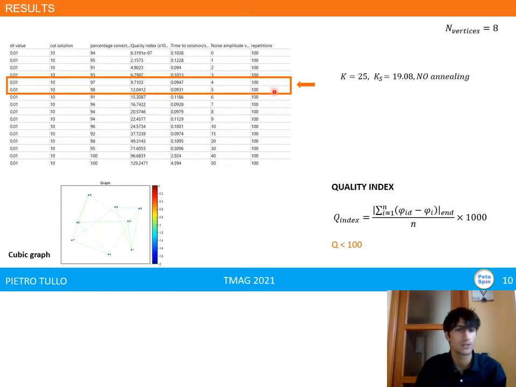This is for a cubic graph with 8 vertices, where a cubic graph is a graph where each vertex has only 3 connections. In this case, we don't have annealing because the parameters of the Kuramoto model are constants.